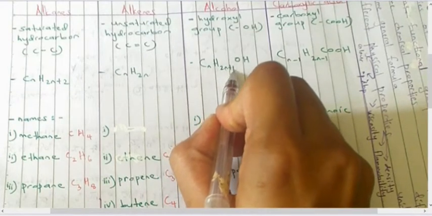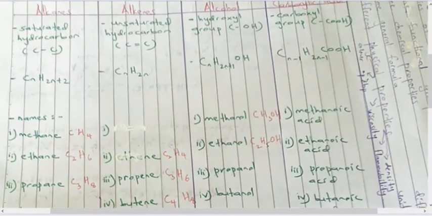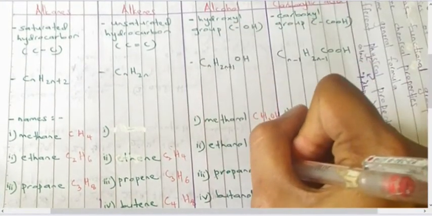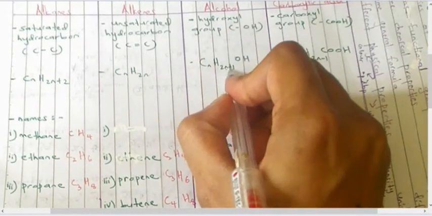Ethanol is 2, so C2, 2 times 2, 4, plus 1, 5: C2H5OH. Propanol is 3, so C3, 2 times 3, 6, plus 1, 7: C3H7OH.